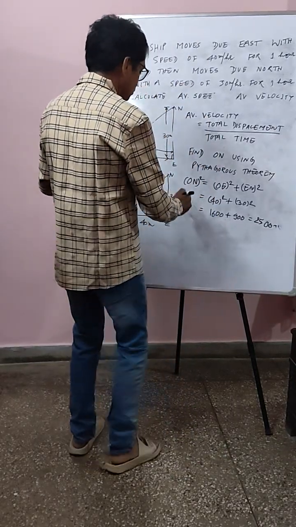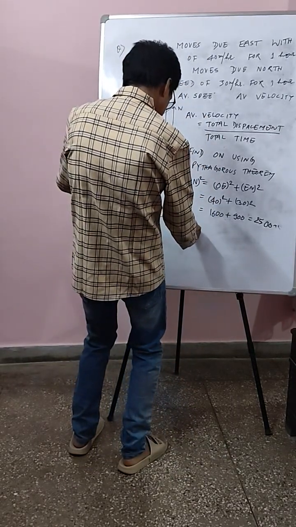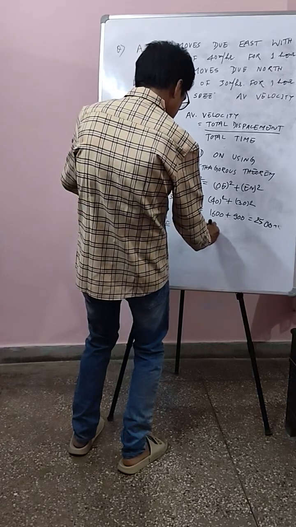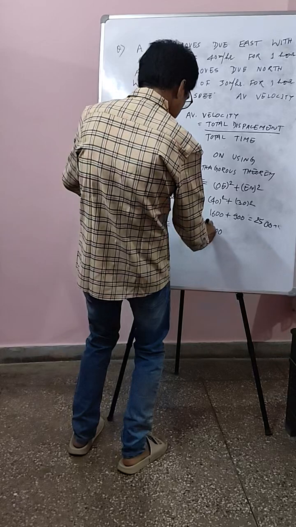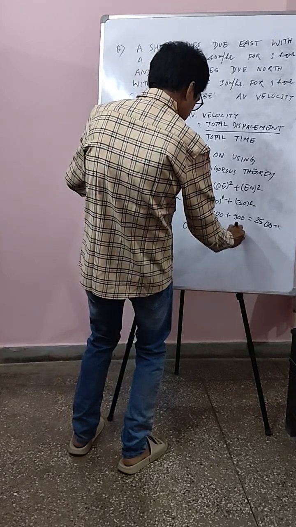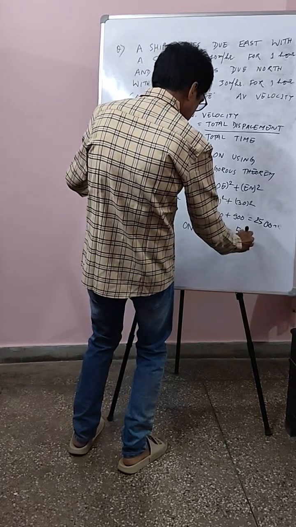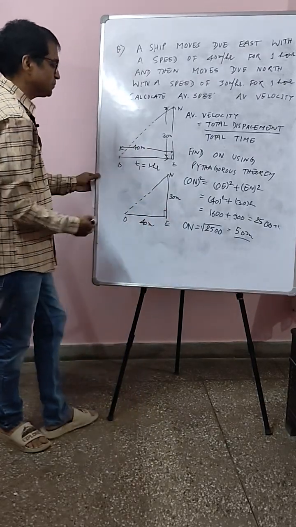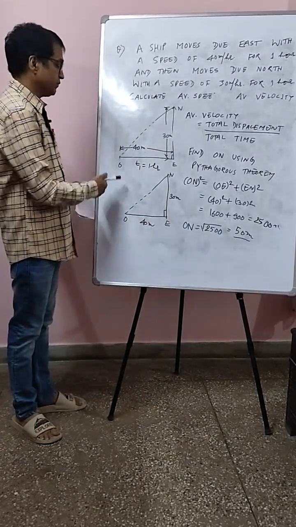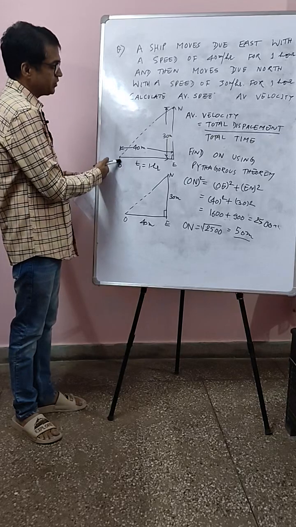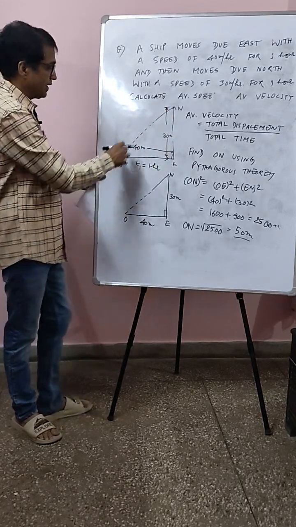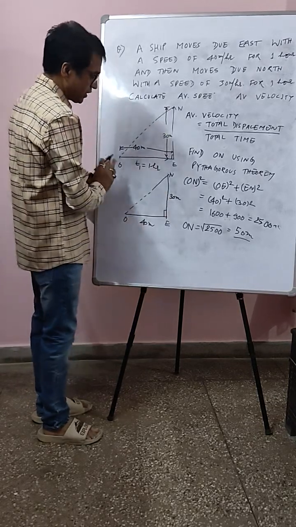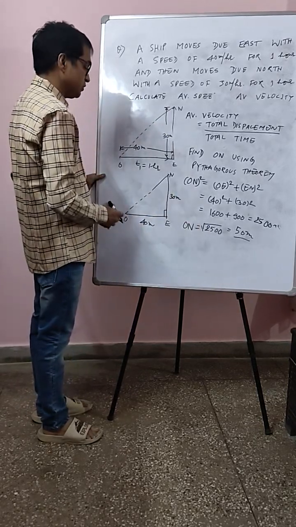Now we take the square root, so ON equals 50, so the displacement is 50 meter. We are finding displacement from O, the originating point, to N, the terminating point. We connect these 2 points and it becomes the hypotenuse in this right angle triangle. So now ON equals 50 meter.